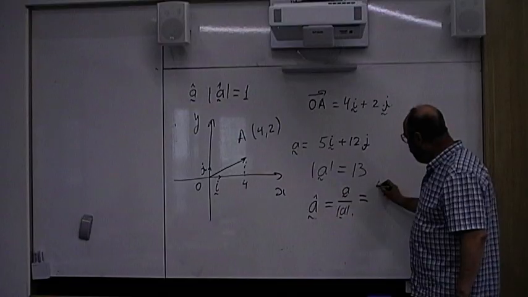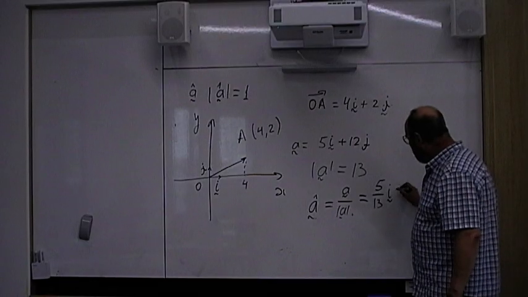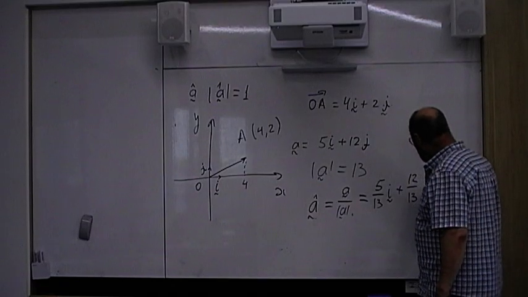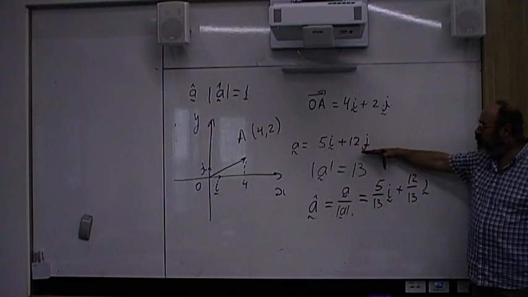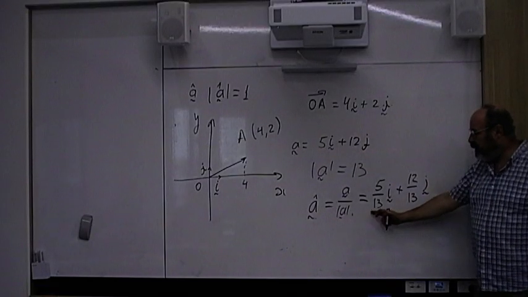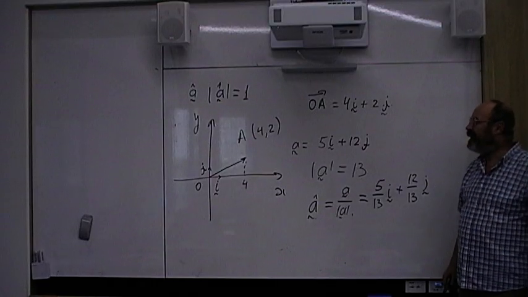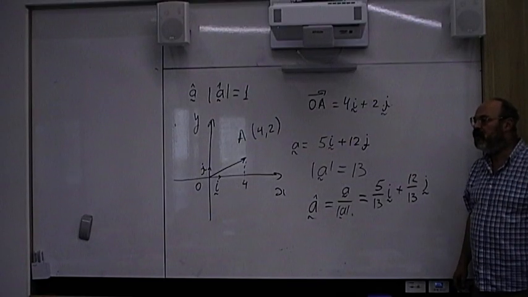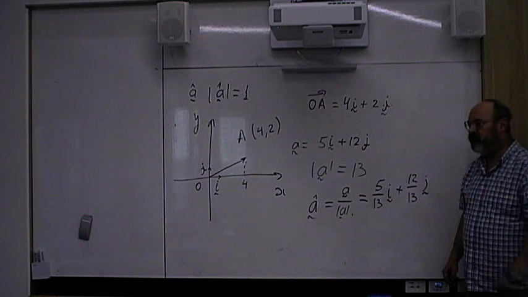So that will be 5 on 13 i plus 12 on 13 j. This is the unit vector in the direction of vector A. So a unit vector always has length 1.